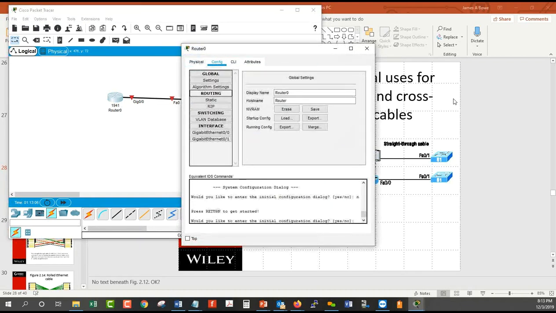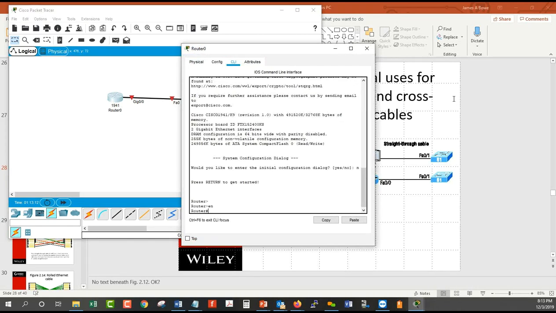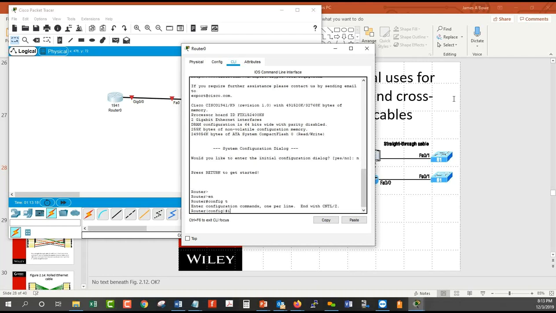Let me just go in and configure that real fast. So that's int gigabit 0/0.